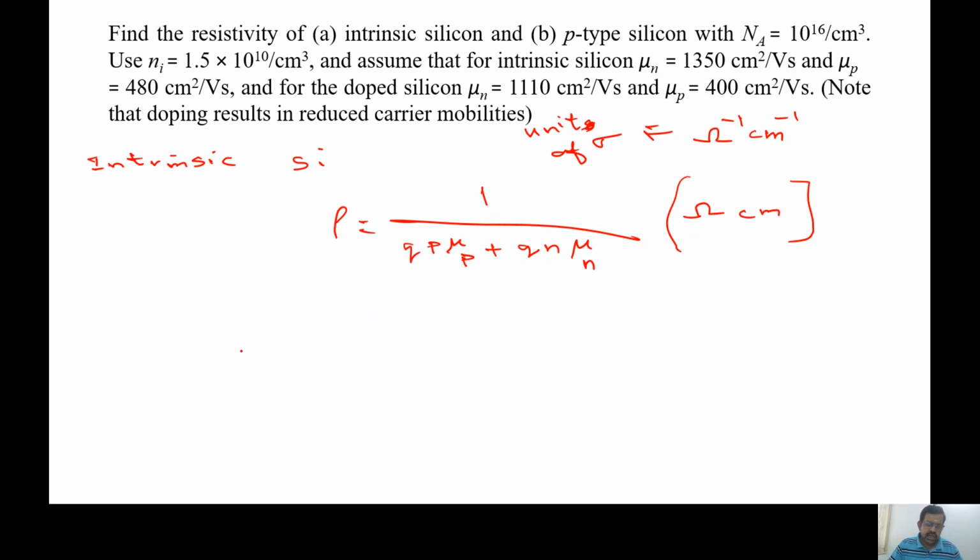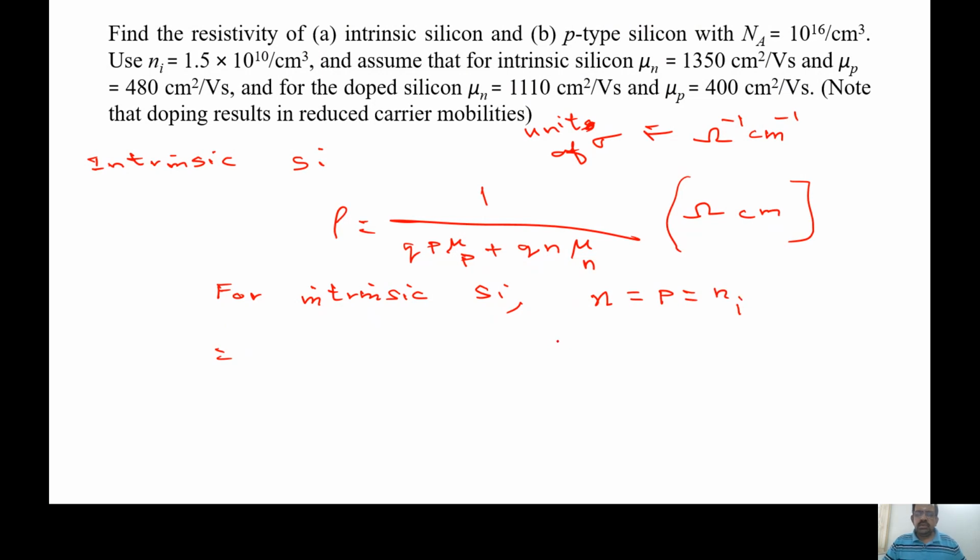So substituting here, we have to see what p and n are for intrinsic silicon. For intrinsic silicon, we know the hole concentration is equal to the electron concentration, n equal to p equal to ni.